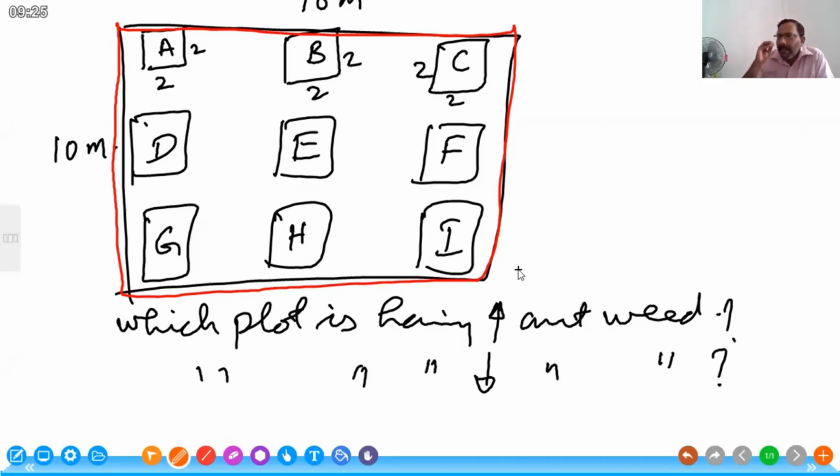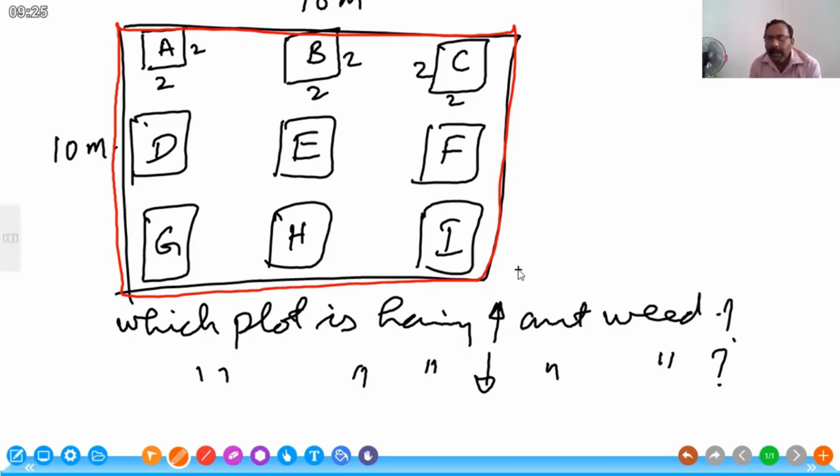I'm asking where the weeds are high, because weeds are growing naturally, right? Or is it a flat land? The land is flat. You said the bund side, the weed is high. So I agree. A, B, C, F, I, H, G, D are having relatively high weeds.